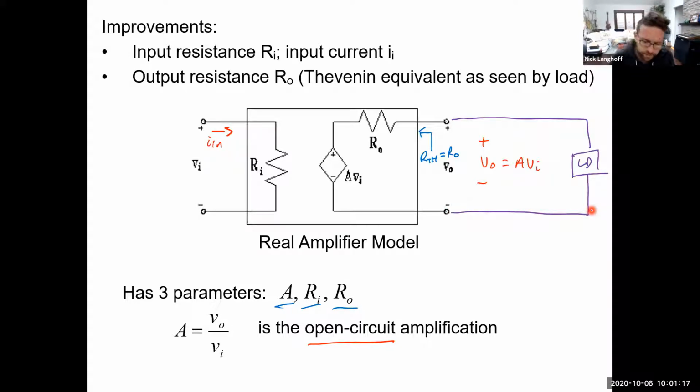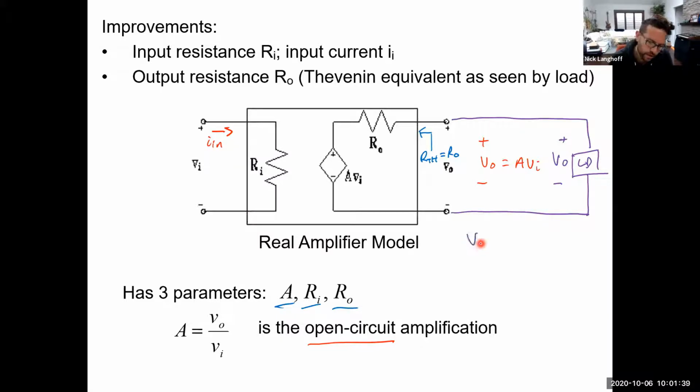And in fact, what we're going to see is the output voltage, V out, the voltage delivered to the load, which is the output of the amplifier, is going to get loaded down, right?